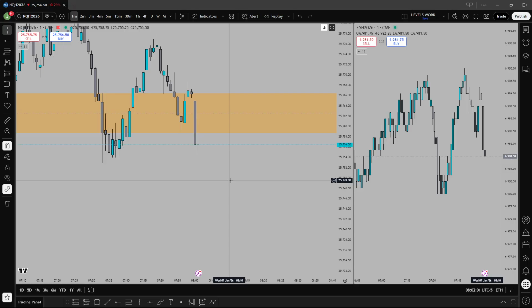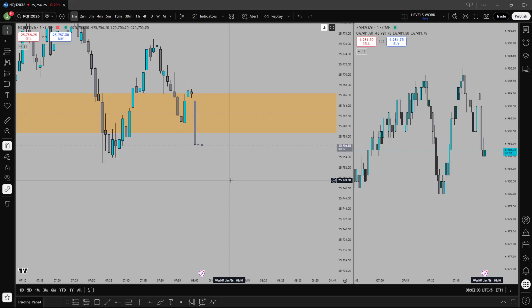Still in the macro, would this candle be willing to tap the new inefficiency? Let's see.